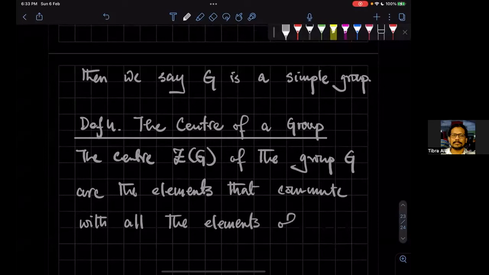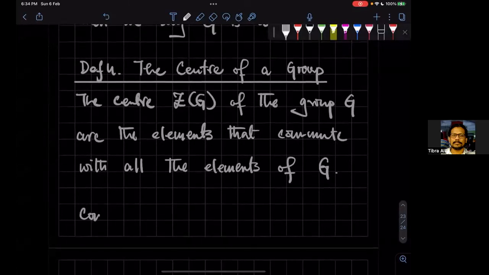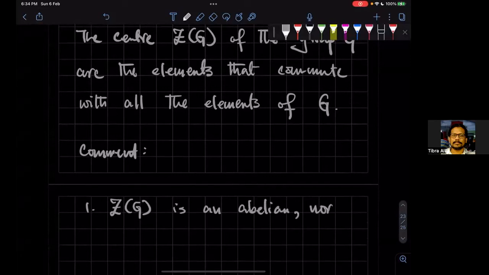So it's kind of trivial. It follows very trivially that Z(G) is an abelian subgroup and therefore a normal subgroup, right?